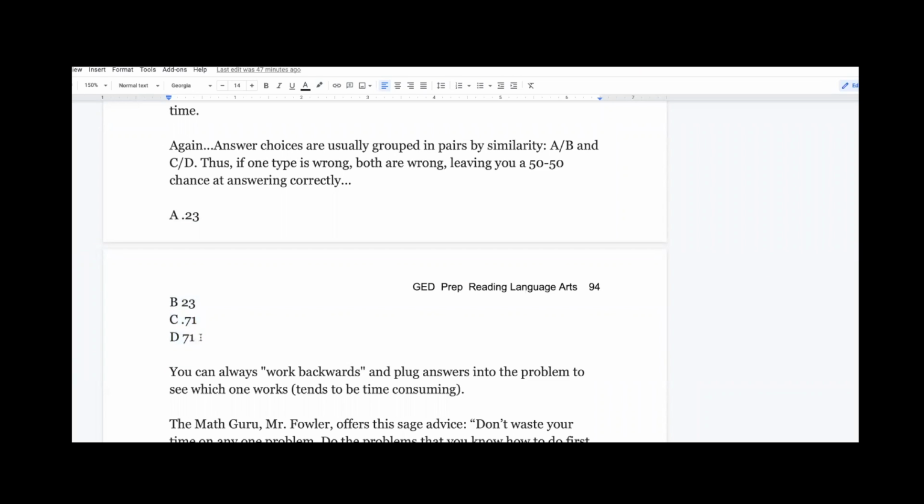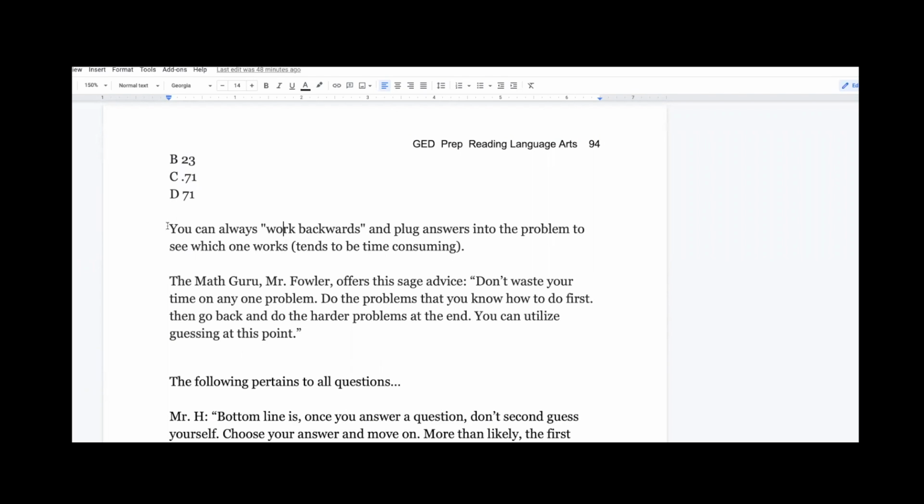So the rule is for you, make a note of this. When you take the math, same thing. If A is wrong and B is similar, A and B are probably both wrong. I can't explain why that is, but that's just what I've found. You can always work backwards.